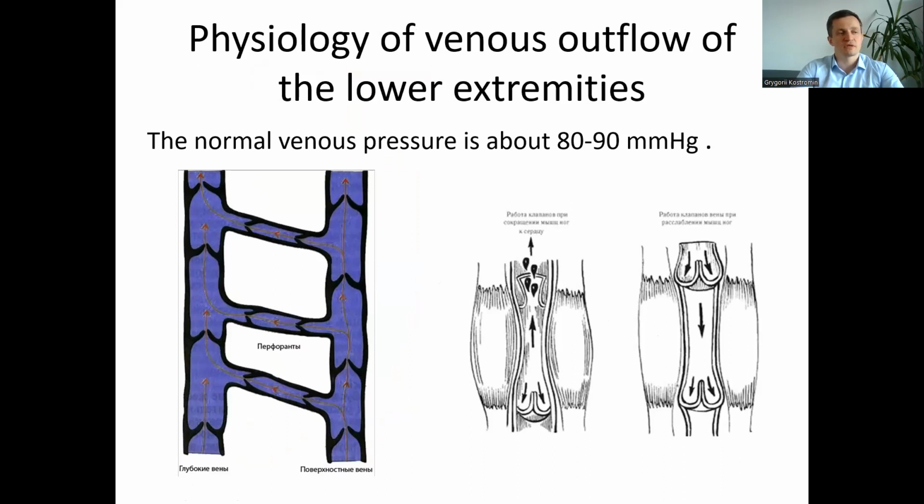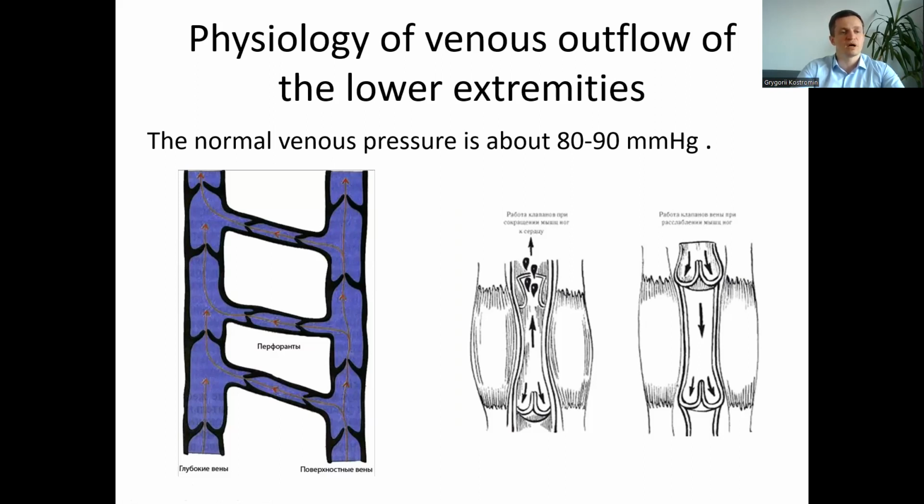Physiology of venous outflow of the lower extremities depends on muscle function and venous wall function of the leg. The normal venous pressure is about 80 to 90 millimeters of mercury. The contraction of the calf muscles during walking leads to an increase in pressure in the deep veins.